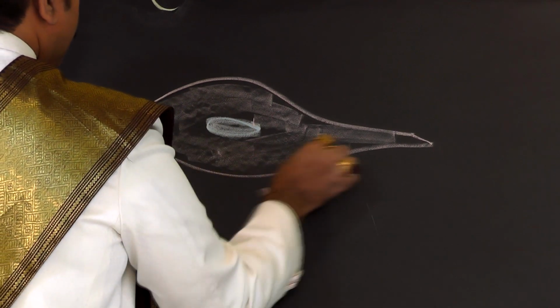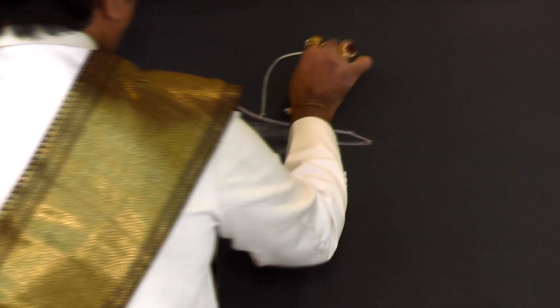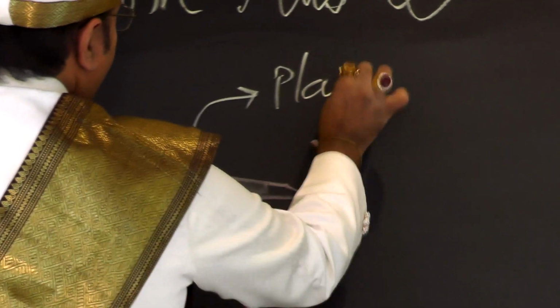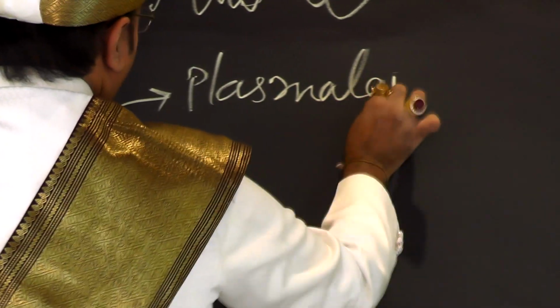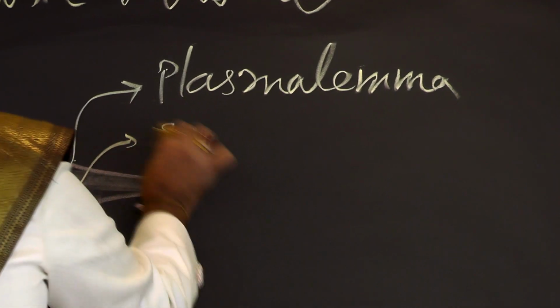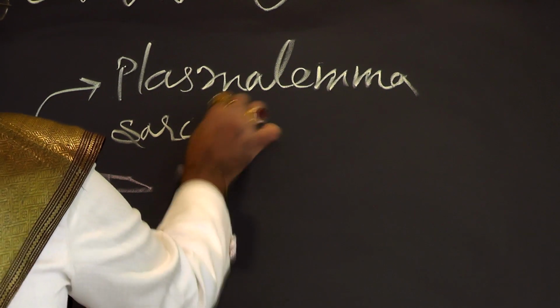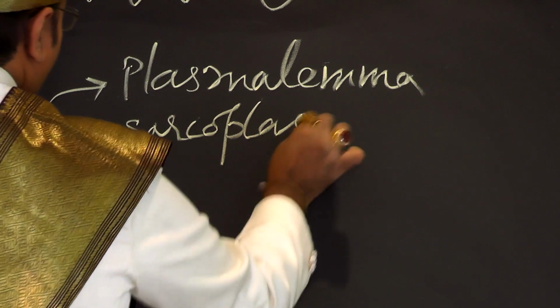And please understand, the cell membrane is called plasmalemma. This cell membrane is called plasmalemma, and the cytoplasm which is present inside the cell is called sarcoplasm.